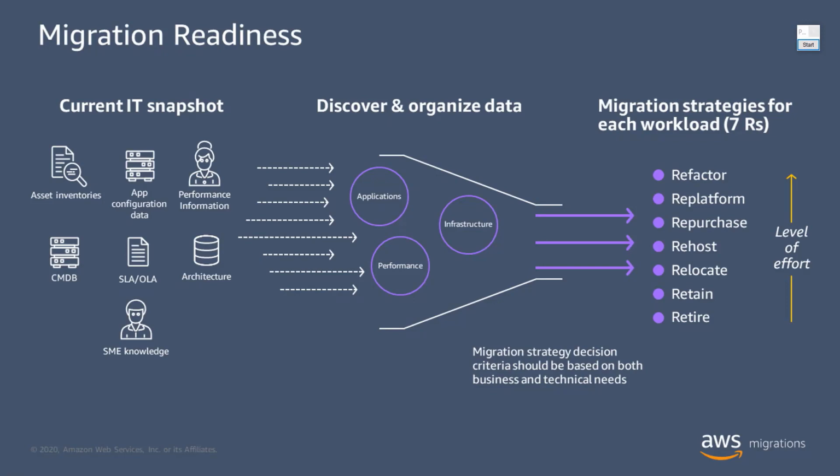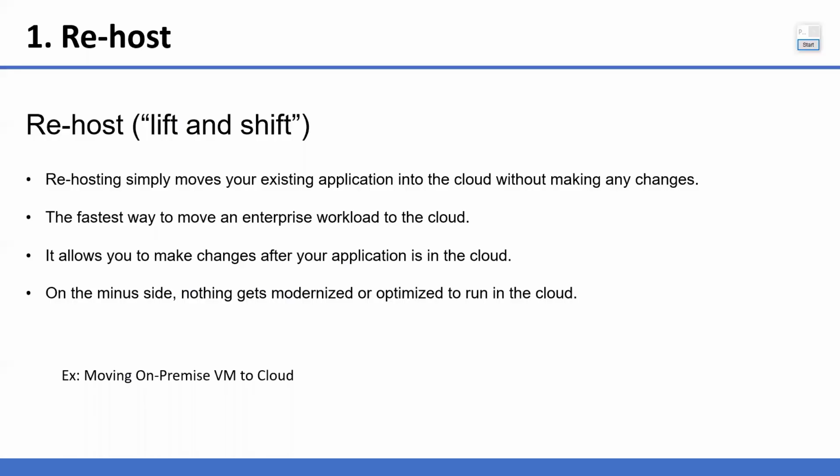Then you come to the strategies. AWS follows the 7R strategy, which includes refactor, replatform, repurchase, rehost, relocate, retain, and retire. In coming slides, we will see all these strategies in detail.